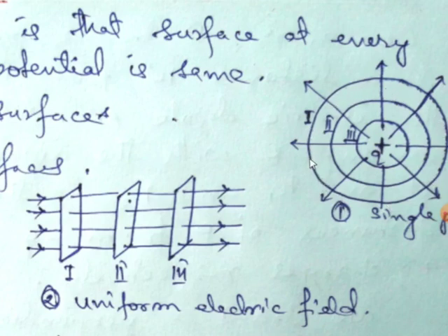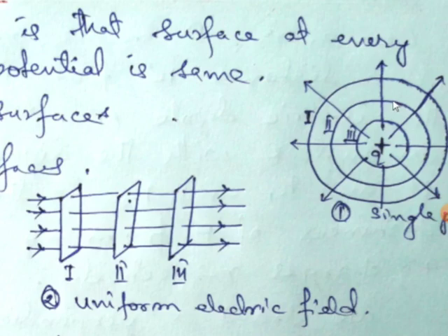So this is one equipotential surface, this is another equipotential surface whose electric potentials are different. Got it? Different means on different equipotential surfaces, electric potentials are different. If it is on a single equipotential surface, electric potential is the same throughout that equipotential surface.